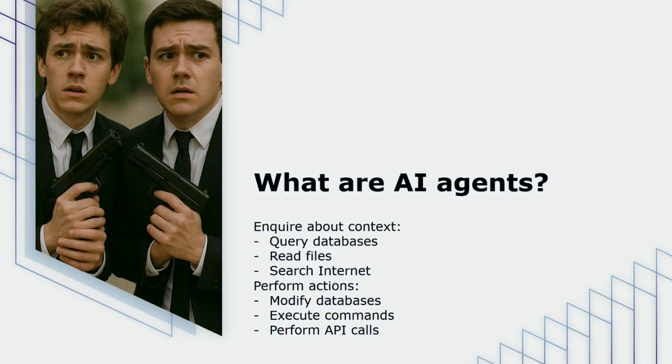So in the context of AI agents, what are the things that they are doing? They can be split into two categories. The first one is getting information about the context around the query that they get. So they can query some databases, they can read the files on your local file system, they can search the internet on your behalf.